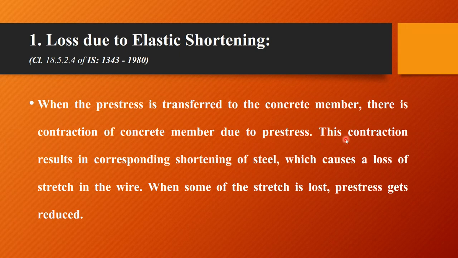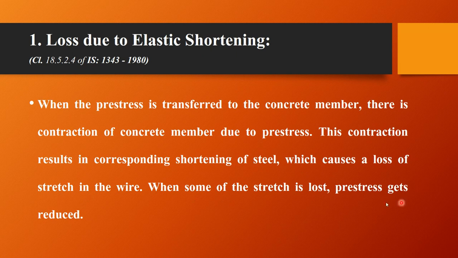This contraction results in corresponding shortening of steel, which causes a loss of stress or loss of stretch. Stretch means the amount by which you have stretched that wire. As the concrete contracts, the steel contracts by the same amount. It means the stretch you have applied is going to reduce, and it results in the loss of stress you have applied.